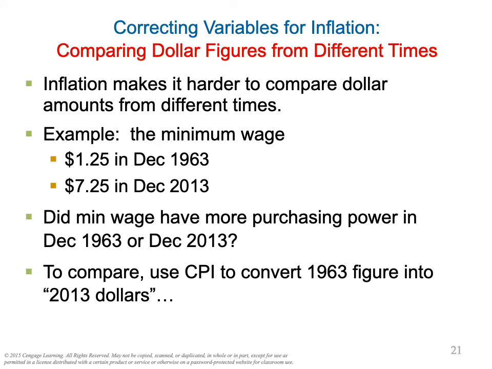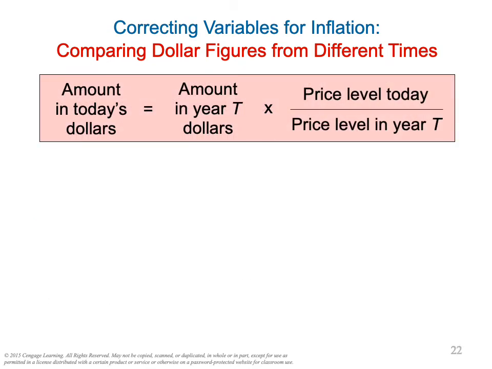In order to make a comparison between the different years, we need to use the CPI to convert the 1963 figure into 2013 dollars. So basically what we're going to do is use 2013 as the base year, in other words, the basis of comparison.